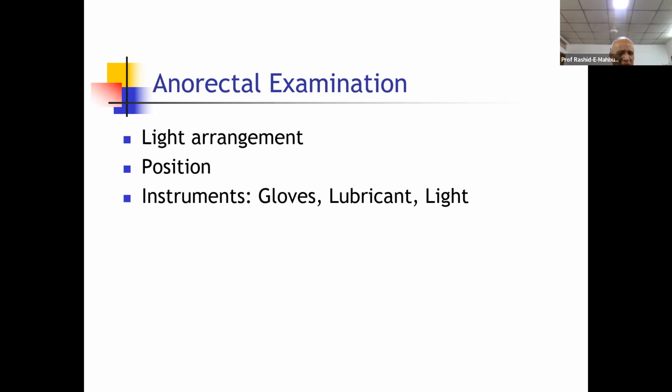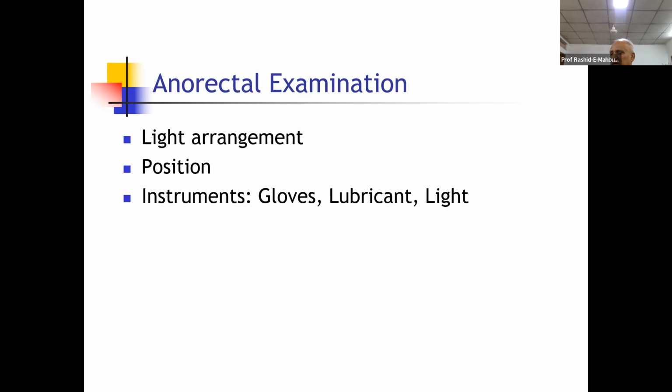How to examine anorectal lesions? First, wherever you are examining the anorectal lesions, the setting must be comfortable, and at the same time the light arrangement must be appropriate. If you have no low light source or spot lighting, then you miss so many things.